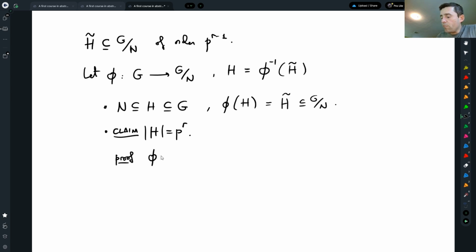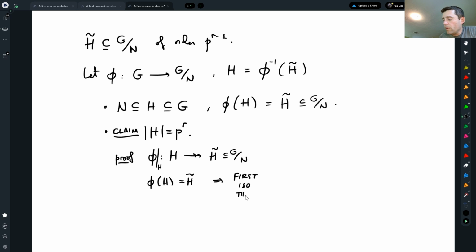So consider now the map from H down to H tilde in G mod N. We see that this is surjective, so phi of H is H tilde, where this is phi restricted to the subgroup H. Therefore, by the first isomorphism theorem, H divided by the kernel of that map phi is isomorphic to H tilde.